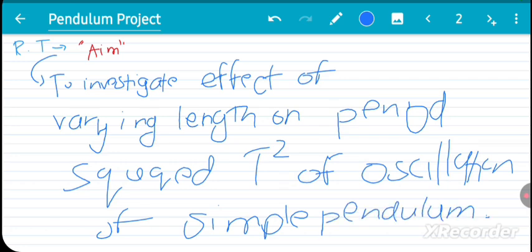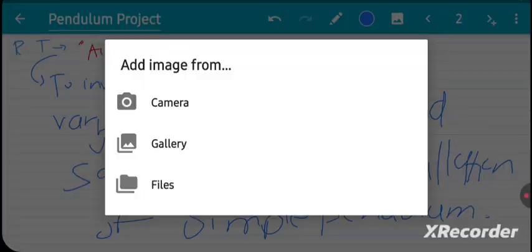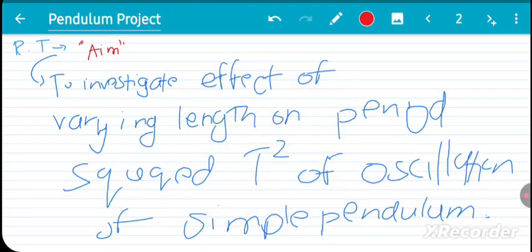You can rephrase it however way you want, but it's important to have these keywords. So to investigate the effect of varying length on period squared of oscillation of simple pendulum.